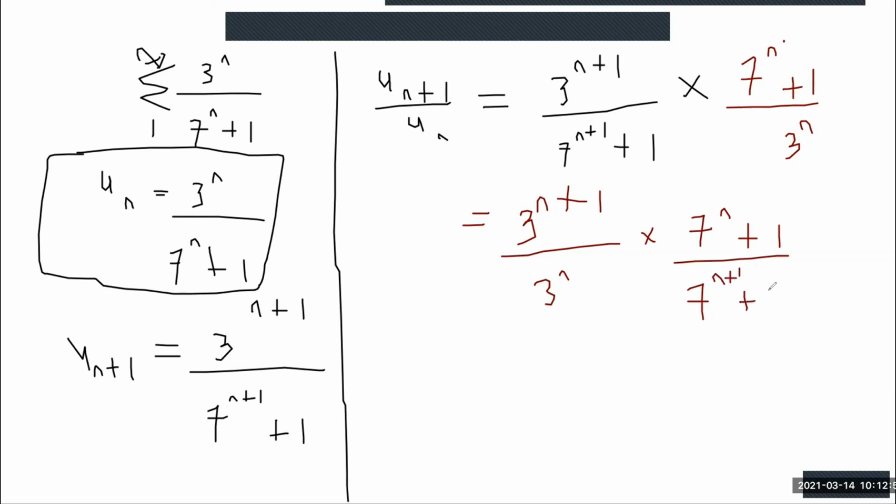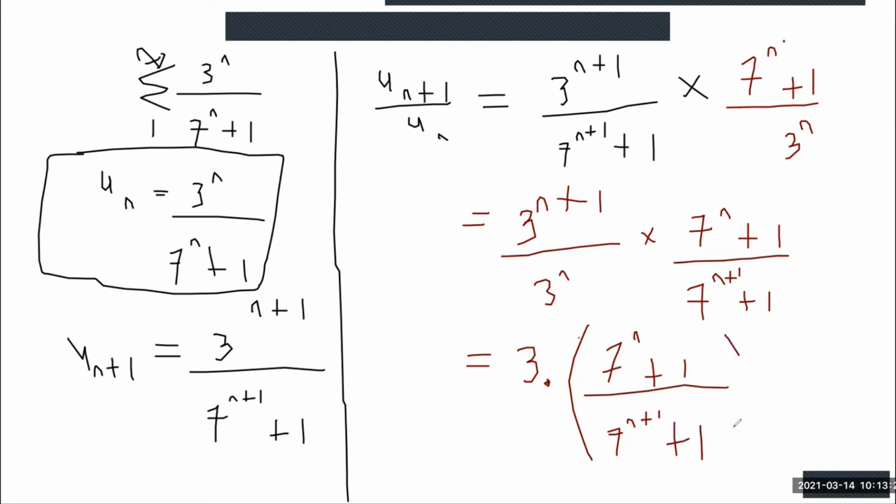Now, as we can clearly see, 3 to the n plus 1 over 3 to the n is just 3. So we get 3 times in bracket 7 to the n plus 1 over 7 to the n plus 1 plus 1. Now you might say, what are we to do now? Well, don't worry. We're just going to evaluate the limit of this as n approaches infinity.